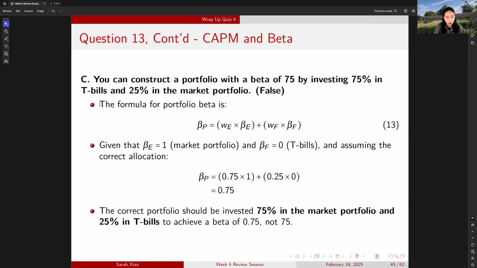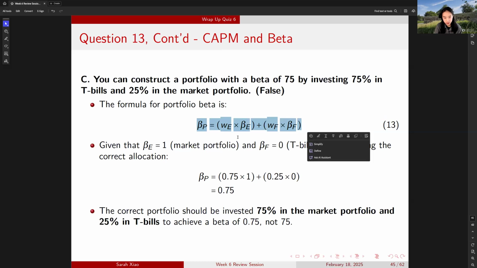So we recall the formula for portfolio beta is here. The portfolio beta is the weight on equity investment times the beta on equity plus the weight on risk-free treasury bill times the risk-free rate.